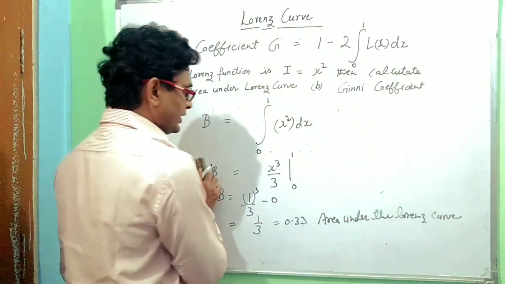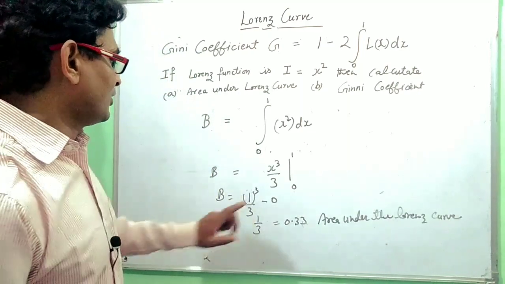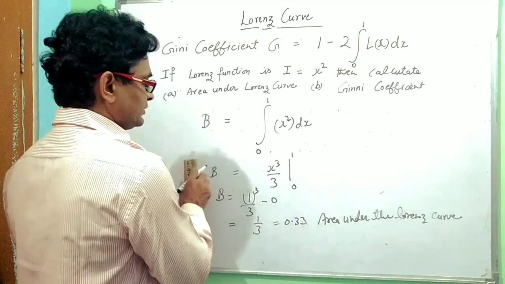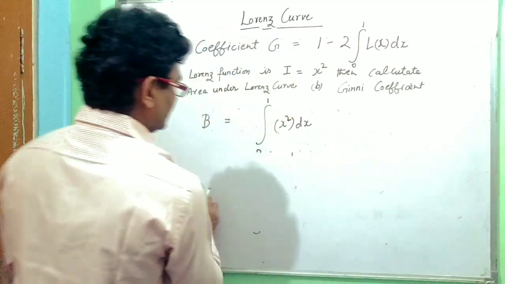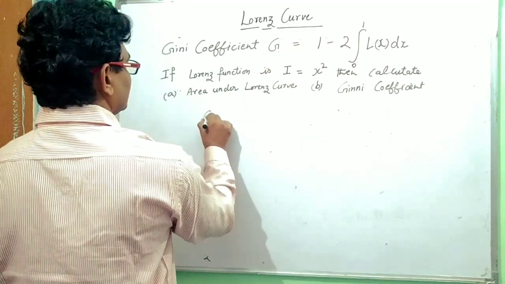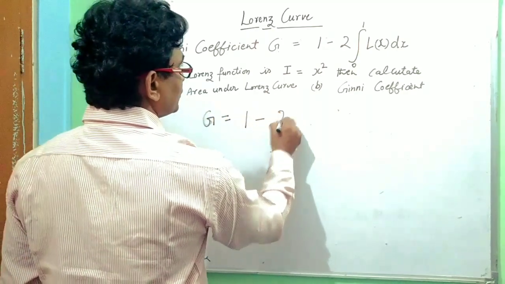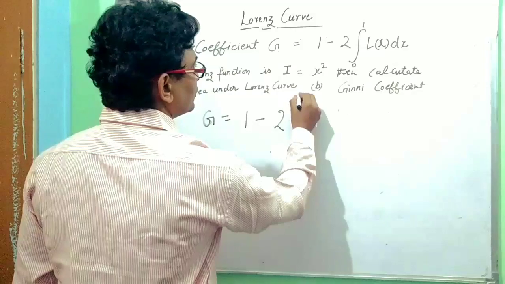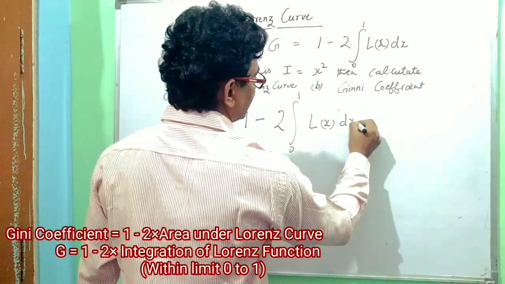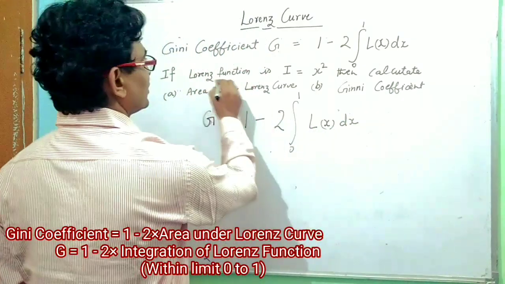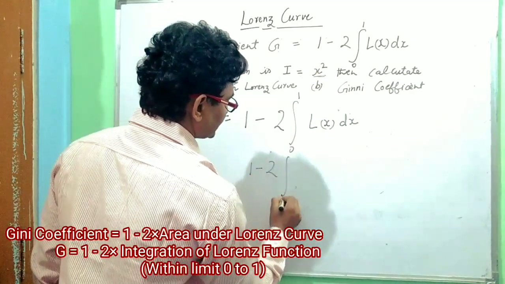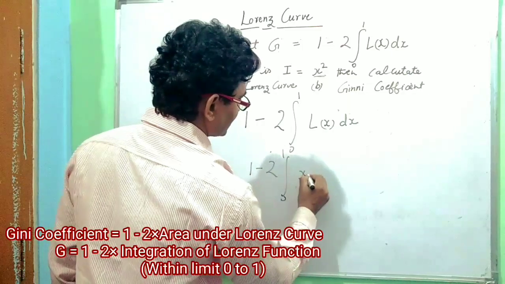Now we have got the area under the Lorenz curve, that is 1 upon 3. If we want to calculate the Gini coefficient, we will have to apply the formula G is equal to 1 minus 2 integration 0 to 1 L(x) dx. What is L(x)? L(x) is this Lorenz function, which means x square. So 1 minus 2 integration 0 to 1 x square.